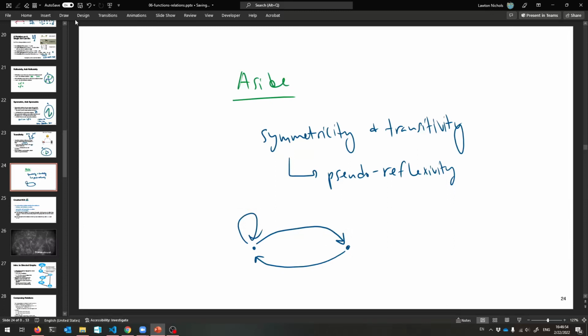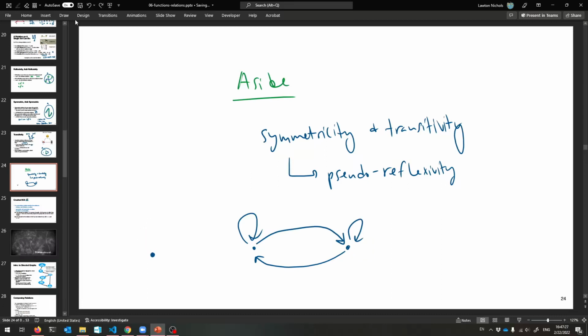Same with this one. If I can go here and here, that means I can stay here. This is related to this, and this is related to this, which means the first thing is related to itself. Crazy, huh? So that gives you essentially reflexivity if you know you have all of this, and you have at least one arrow between people. The reason I don't call it true reflexivity is because you can have somebody laying out in the set that is not related to anything, and you do not get reflexivity for it.